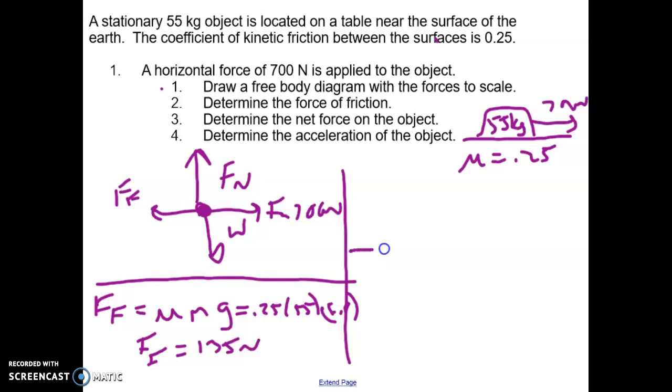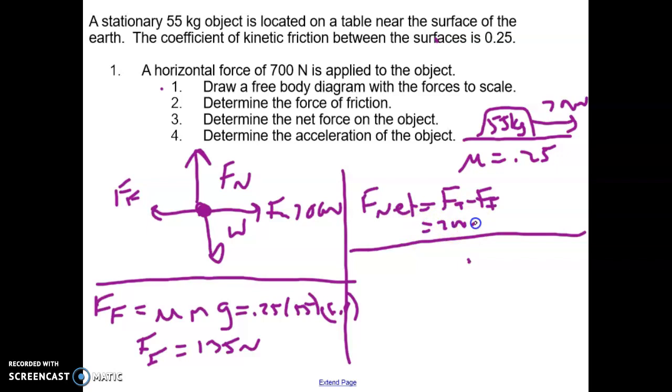To calculate the net force, we're going to take our applied force and subtract away the force of friction, which is 700 take away 135, giving an answer of about 565 newtons.